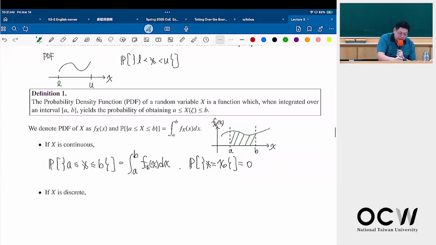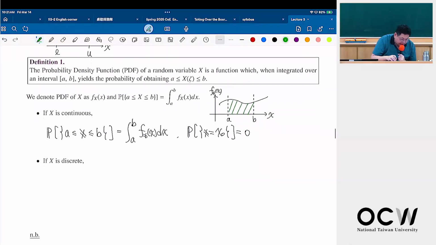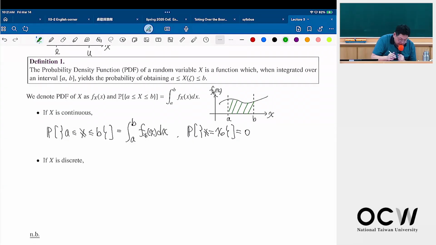But if x is discrete, let's plot. Say this is the PMF.